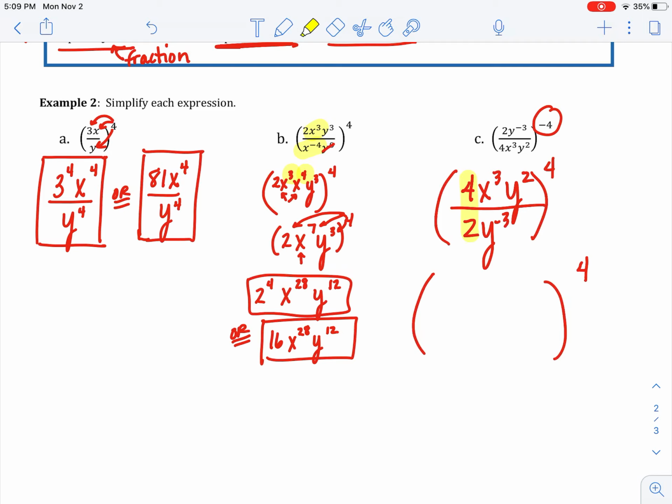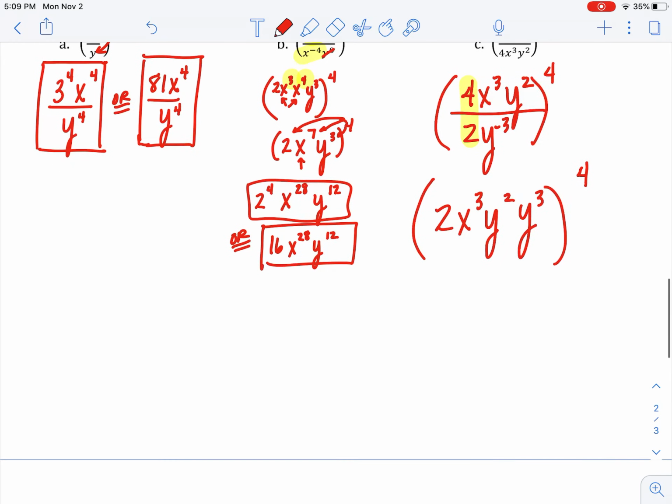That's just a coefficient, set of coefficients. If I gave you 4 over 2 before, you would have made it a 2. X to the 3rd is going to stay on top. Y squared is going to stay on top. Y to the negative 3 is going to move up now. Now I'm going to add up those y's. So I'm going to get y to the 5th power raised to the 4th power.